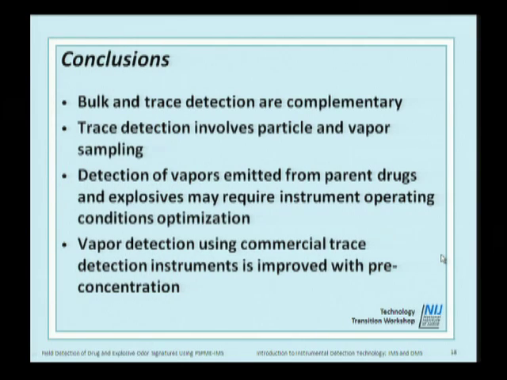Vapor detection using commercial trace detectors can be improved with pre-concentration, and they currently do not have any pre-concentration technique. And that's what we aim to show you here at this workshop, the power of the p-SPME when it's interfaced to ion mobility spectrometry. And here's some scientific references if you want to go back and refer to some of the work.